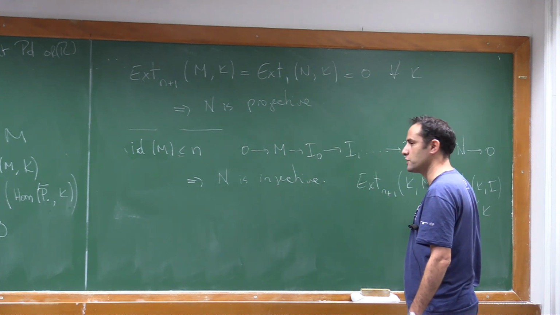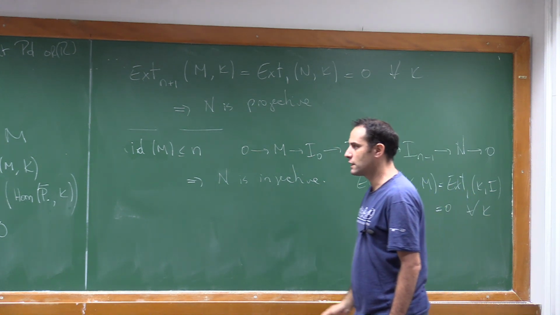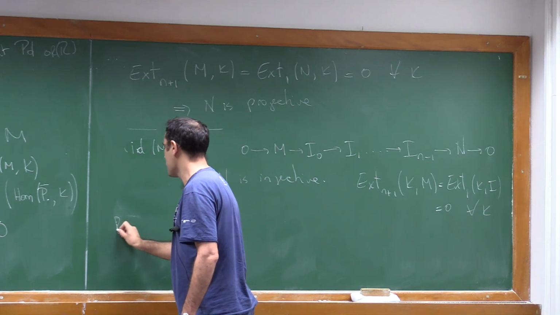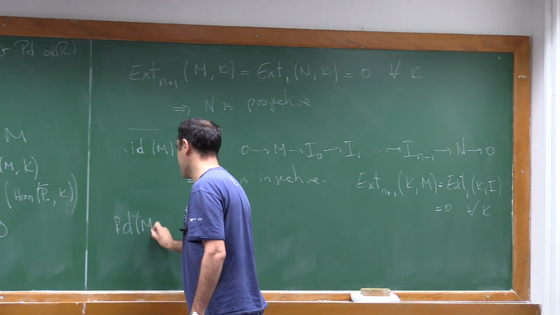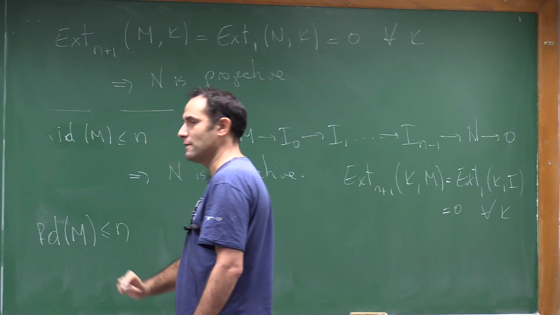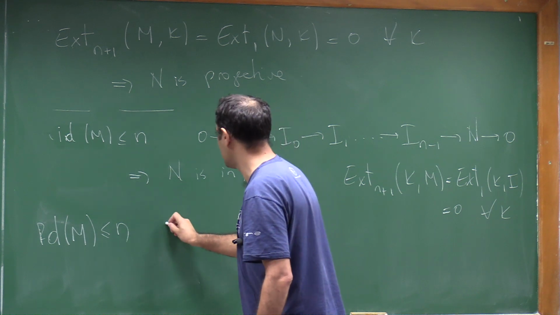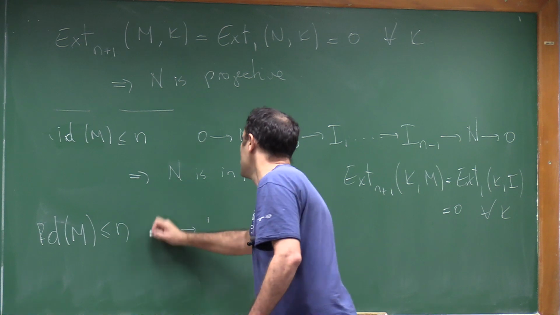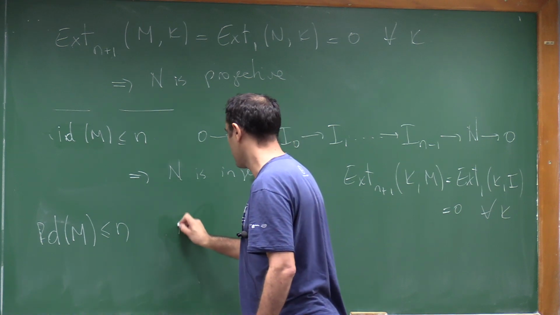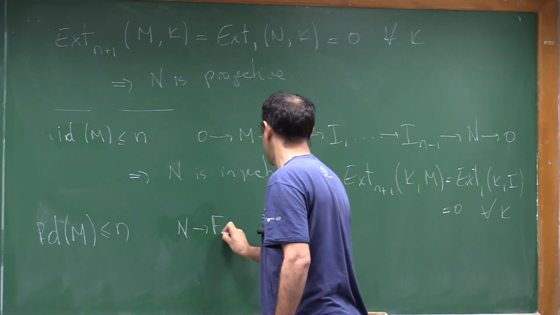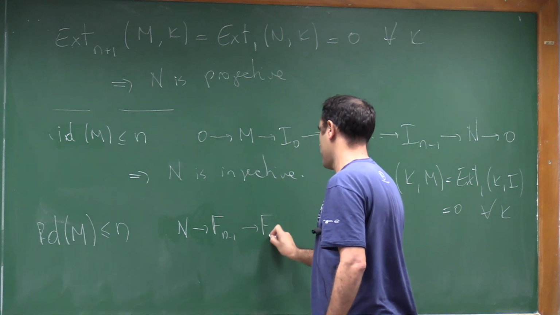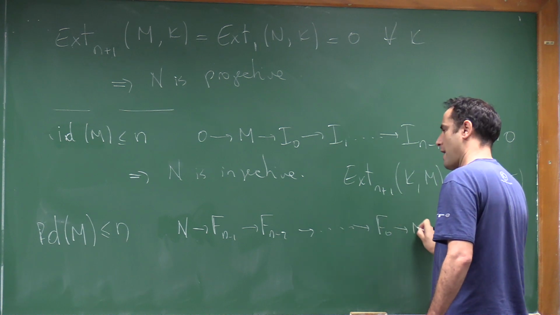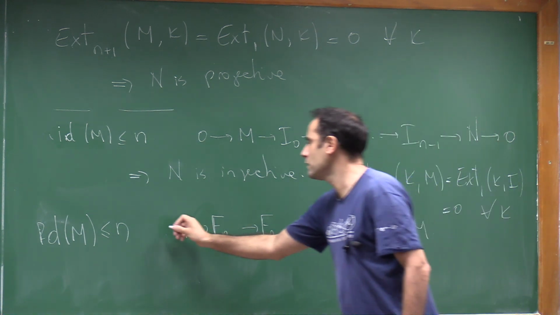And the same thing happens for injectives. But I haven't done the same thing for Tor, so let's prove that statement, which is also true. If the flat dimension of M is less or equal than n, then the same thing happens: if you have a resolution now by flats F_{n-1}, F_{n-2}, up to F_0, M, then N is flat.